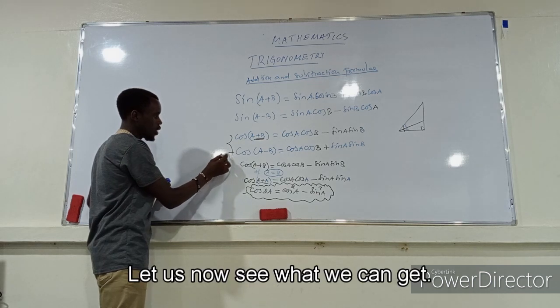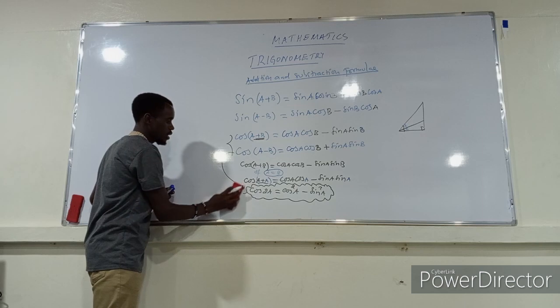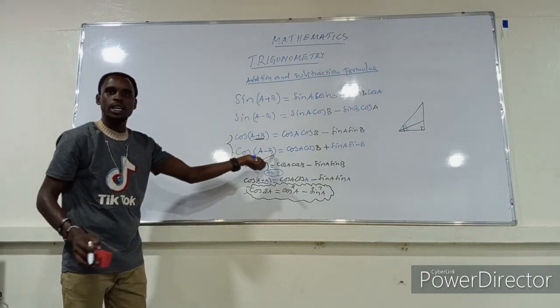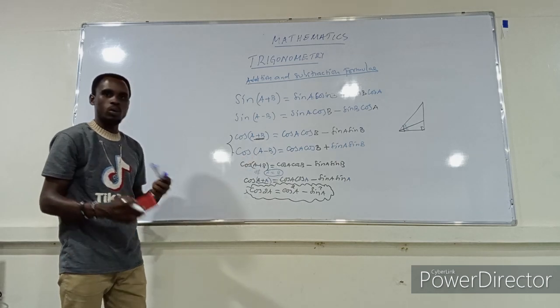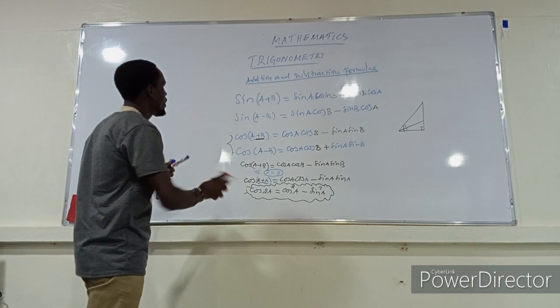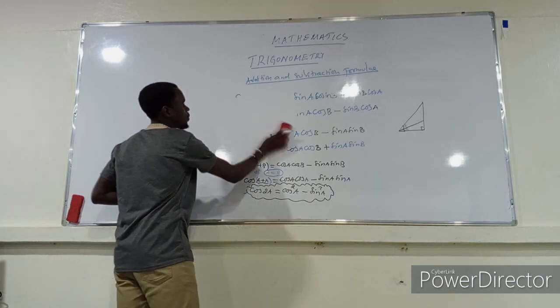Let us now see what we can get if I use not this, but only cosine of A minus B, and see what we can get.